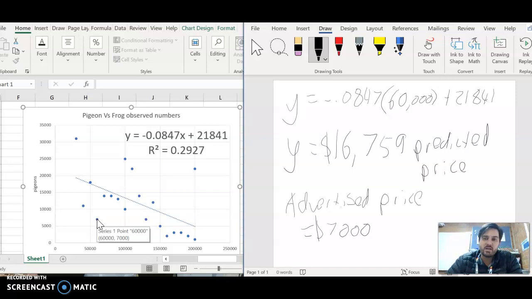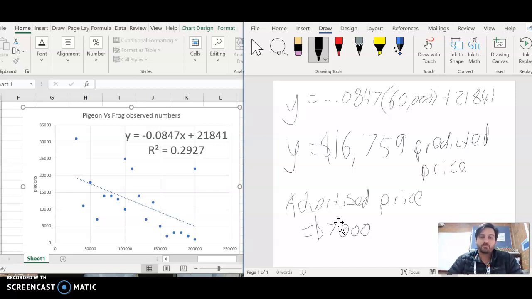So it's almost $10,000 less than our predicted price, which is exactly what you guys would say. You'd do 16,759, take $7,000, and you'd say this car represents $9,241 of value when compared with the predicted price.